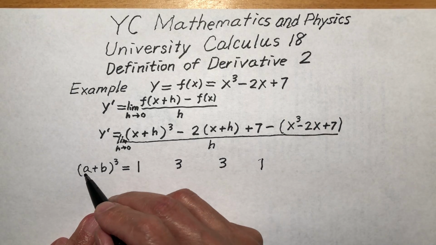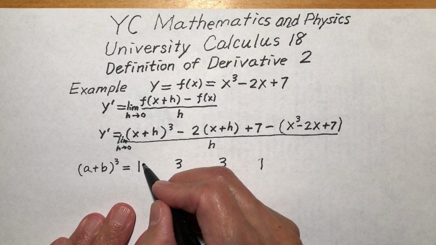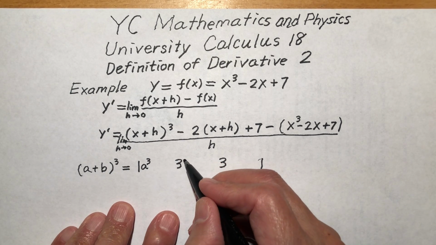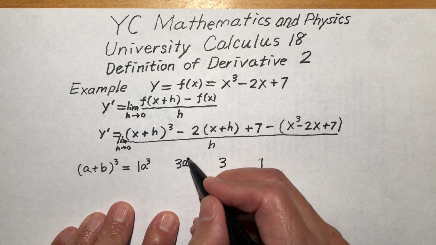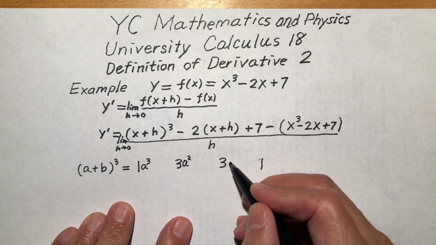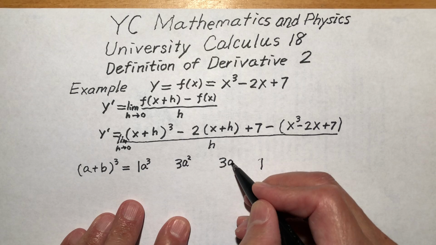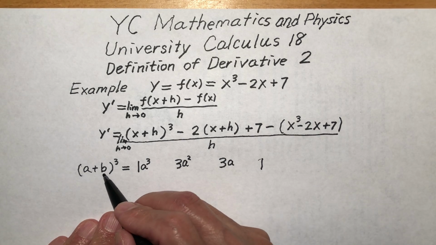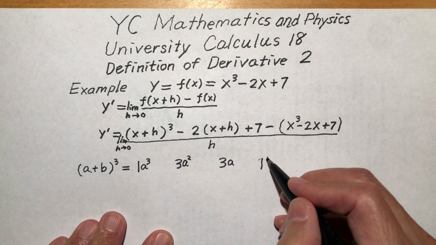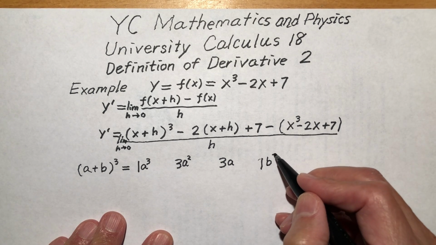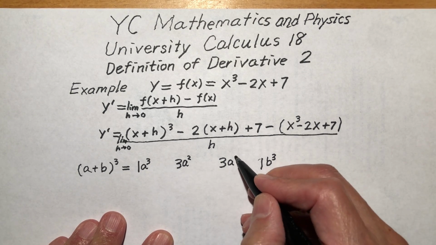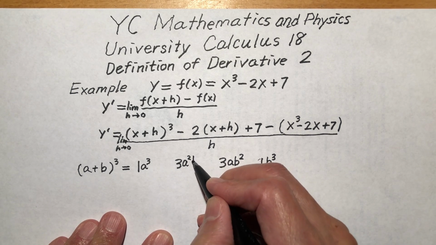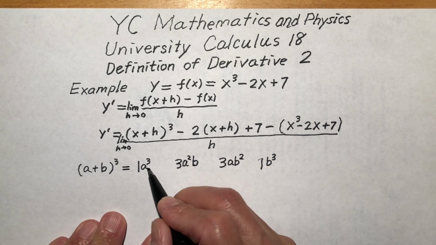And then you write a cubed, and the next term is a squared, the next term is just a, and the next term you have no a. For the b part, you have b cubed, and this is b squared, and this is b, and no b.